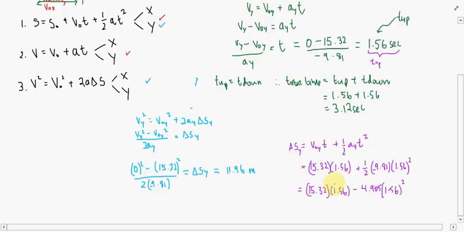So you can see that this velocity value as a function of time is going to decrease by this amount until it gets to the top, right? So once I've plugged all of that in, my final answer, surprise, surprise, becomes 11.96 meters.